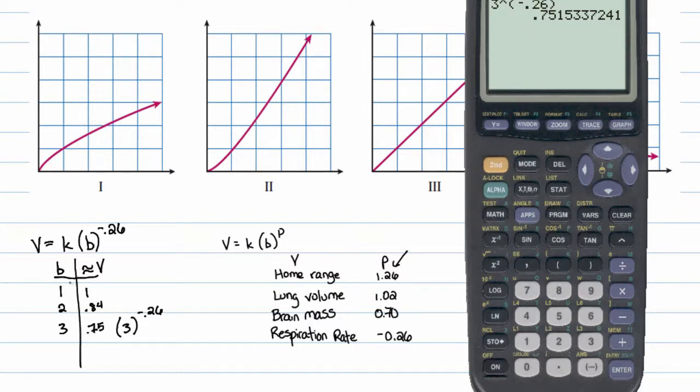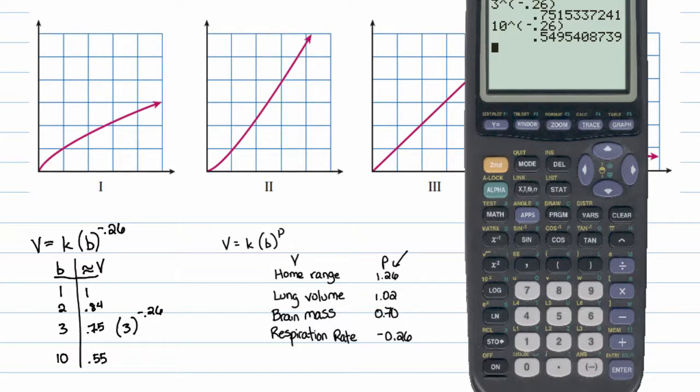Now again, I want to convince you that actually each of these has a multiple of k in front of it. If I put a value for b in here, it's actually k times whatever that number is. But the fact is, you see that as the numbers increase, we can go to 10 here, you'll see that 10 raised to the negative 0.26 power will be even smaller, 0.55.